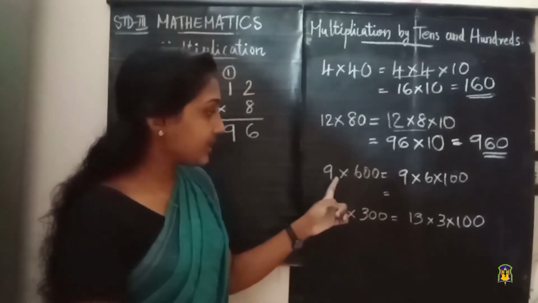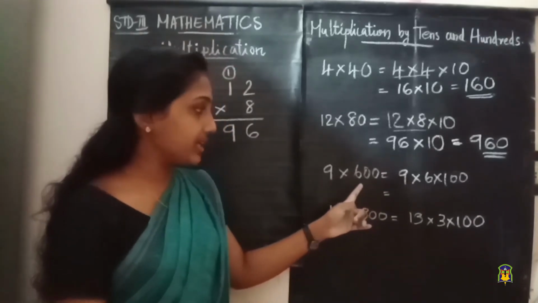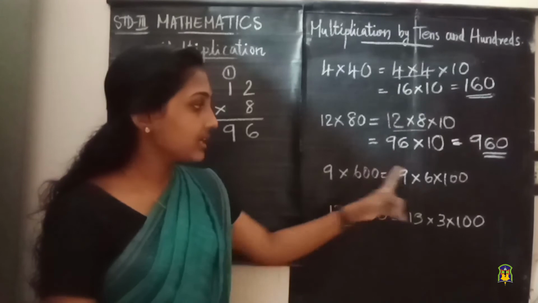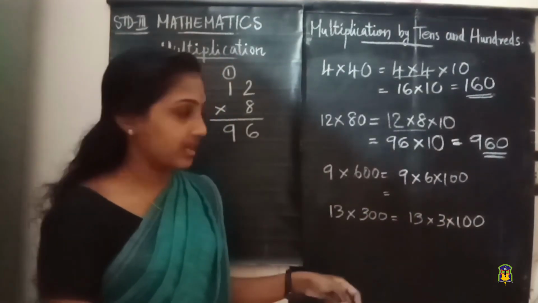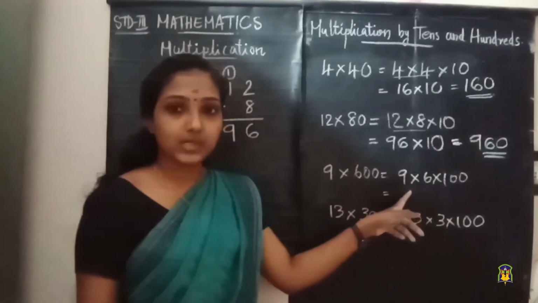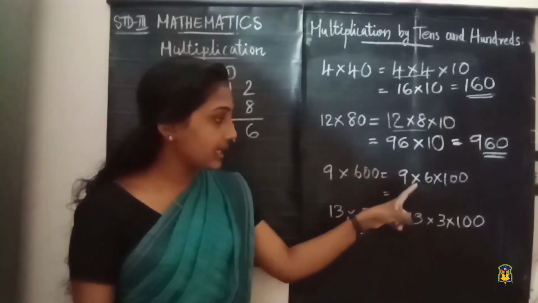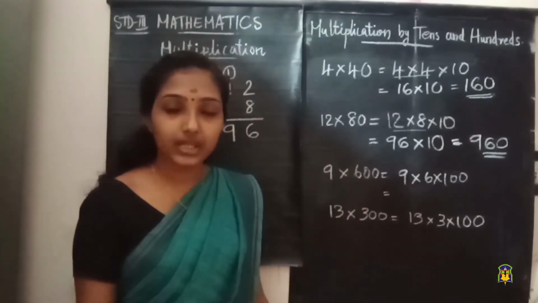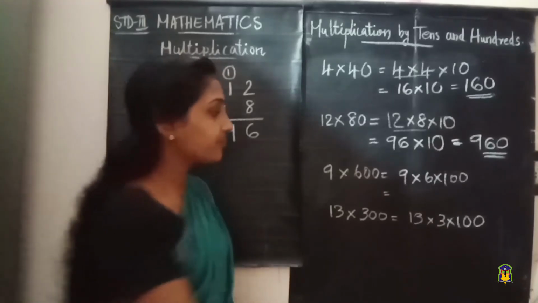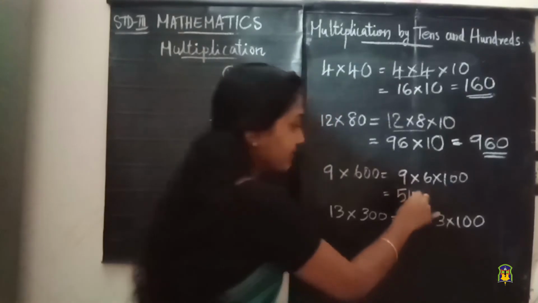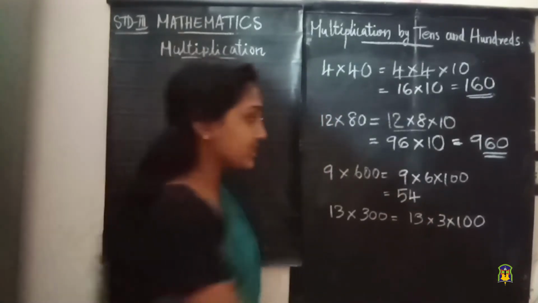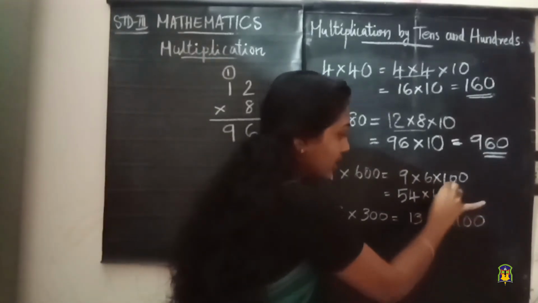Next question is 9 into 600. Here 600 can be written as 6 into 100. Next we can multiply 9 into 6. What is 9 into 6? 9 sixes are 54. Then into 100.